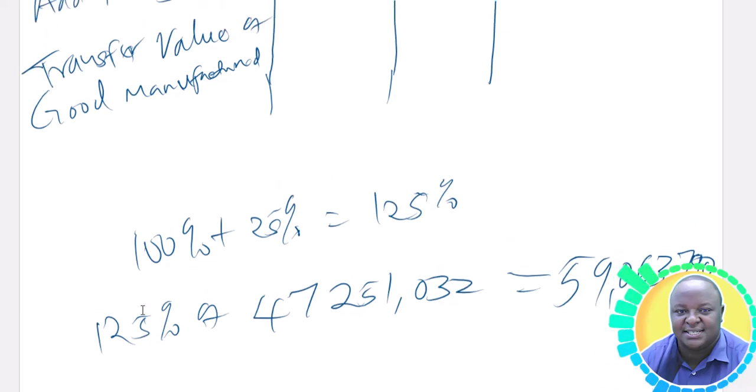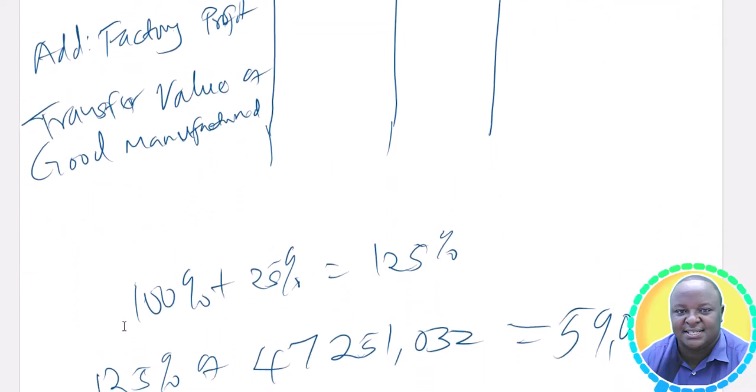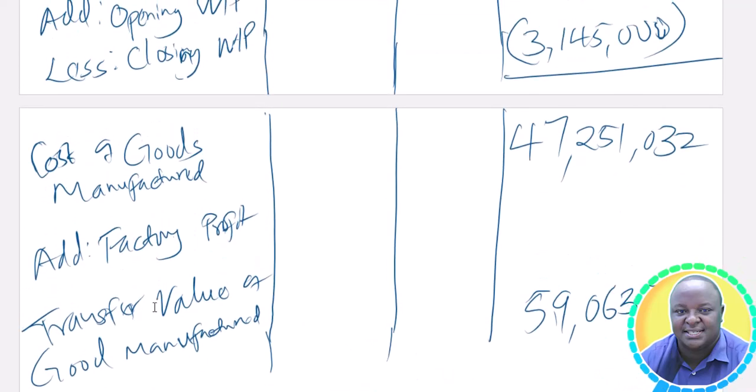That is the transfer value for the markup. So if you get that figure, you minus the cost of goods manufactured, 47,251,032, you're going to get your factory profit to be 11,812,758.